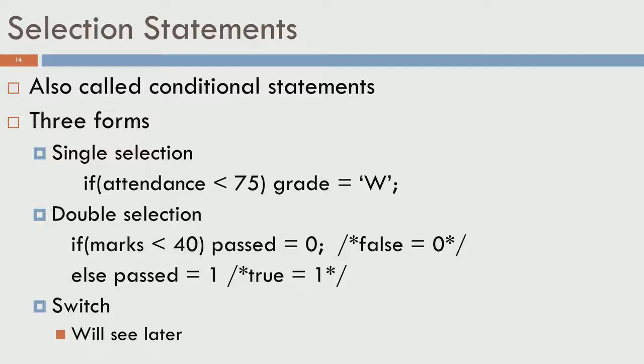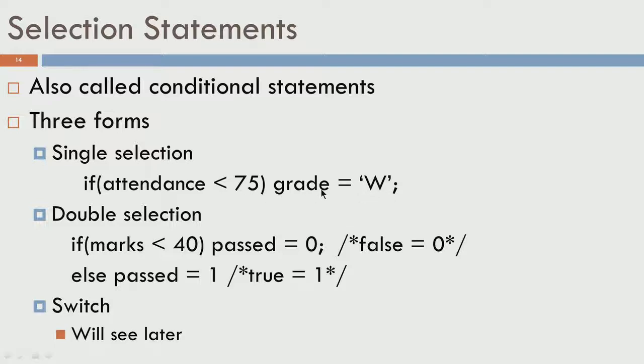For example, there is the single selection statement. Let us see this example: if attendance is less than 75, grade equals W. If the class attendance is less than 75%, the grade is withdrawn.